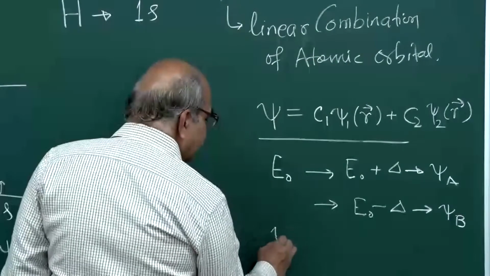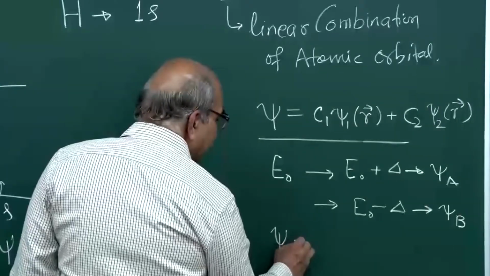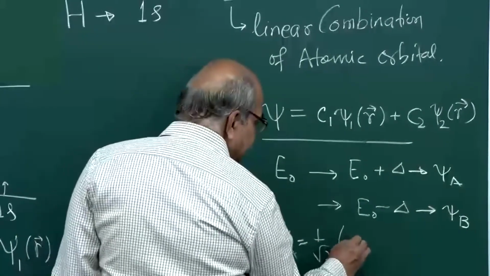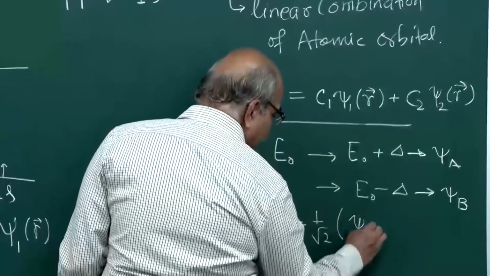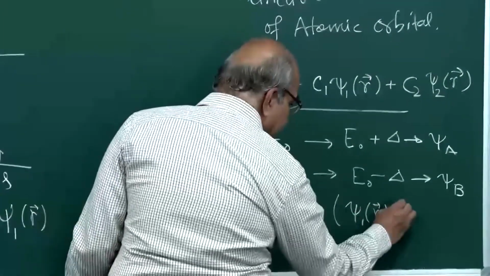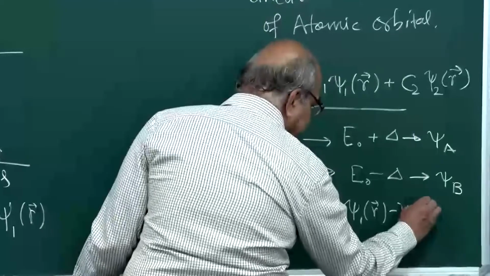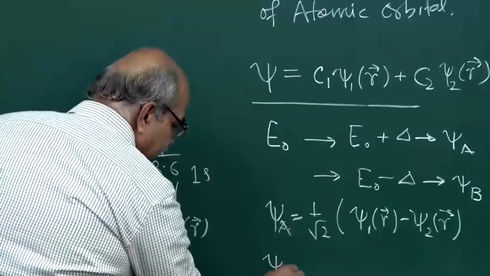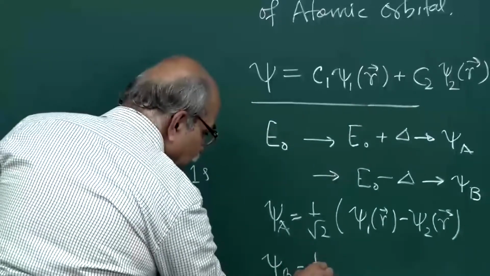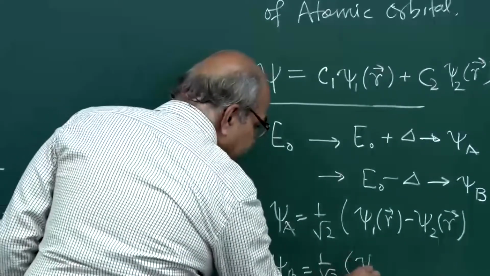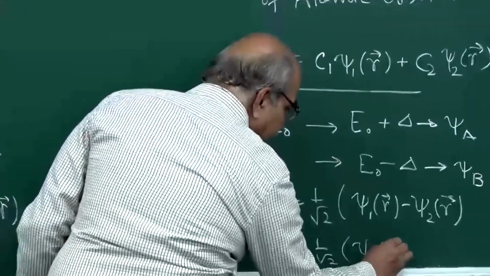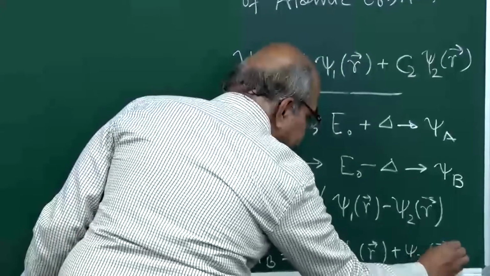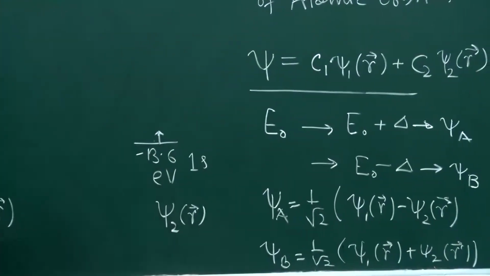This psi A turns out to be 1 over square root of 2, and then you have psi 1 r minus psi 2 r, and the psi B turns out to be 1 over root 2 and then psi 1 r plus psi 2 r. Okay.